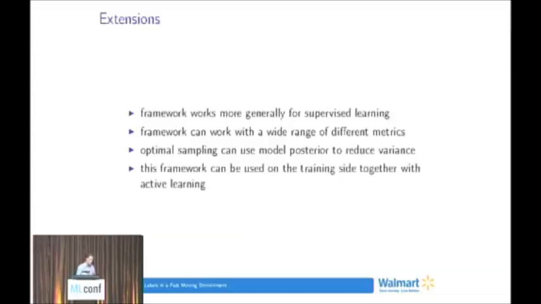And you can also factor in the posterior of your model to do sampling in an even smarter way. So for example, it makes sense, even in classification with accuracy, not to sample uniformly if you know ahead of time that your model is weaker in certain areas, so it's more likely that you make mistakes in certain areas, so you're going to sample harder there. So that can be included in this kind of framework.